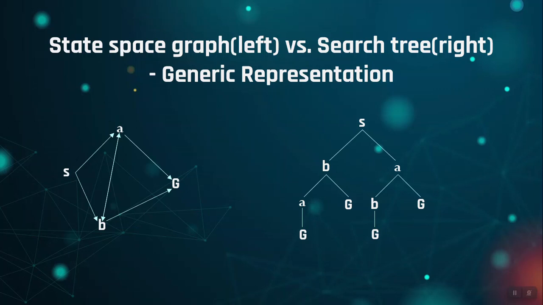The nodes and arrows are the same as in the state space graph, but the difference is that in a state space graph, you are shown the big picture of the overall interaction of the states, whereas for search trees, there's just one specific root node at the top, the specific initial state, and from there you build the state actions.